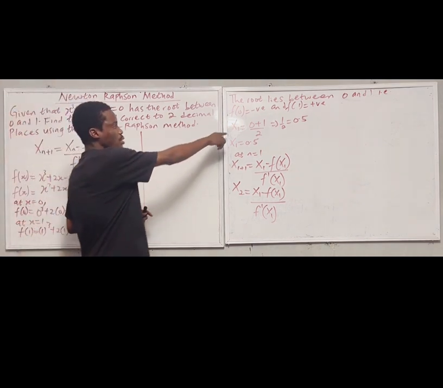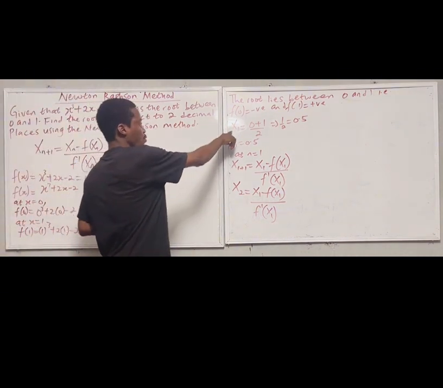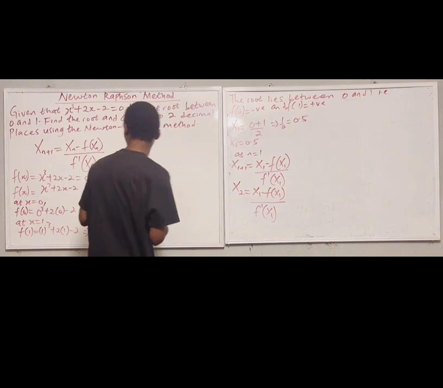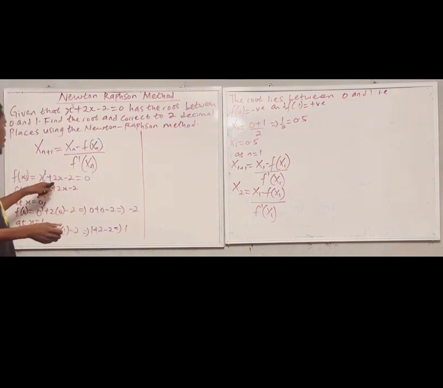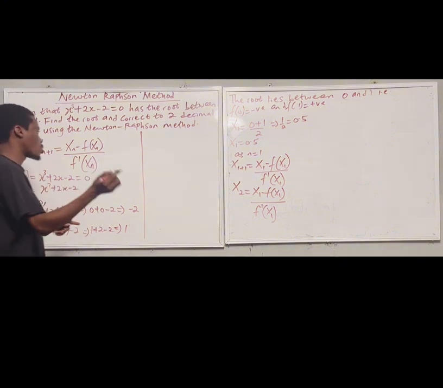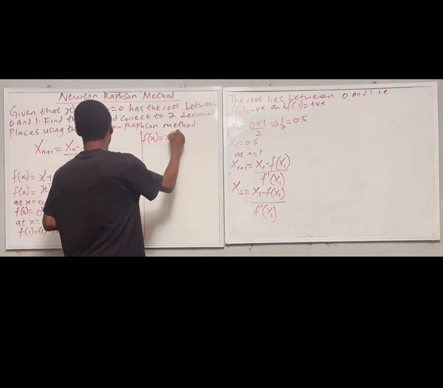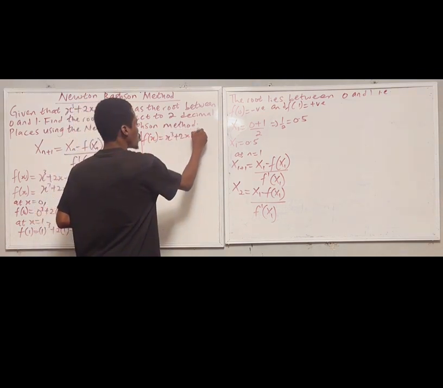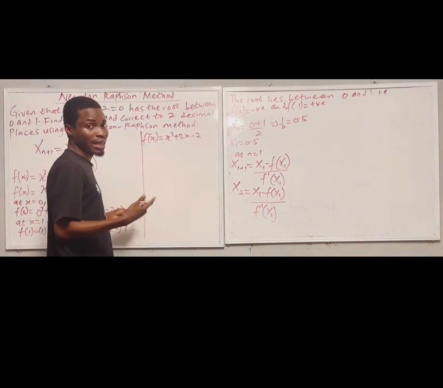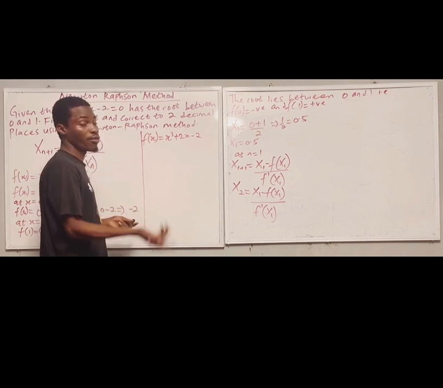Since our n is 1, f of x1 is f of 0.5. So I'm going to take the equation given to us and put in 0.5, since f of x is equal to x cubed plus 2x minus 2. At n equal to 1, I will get my f of x1.